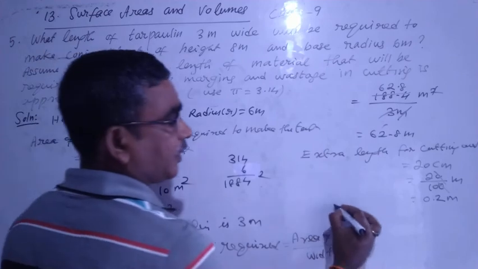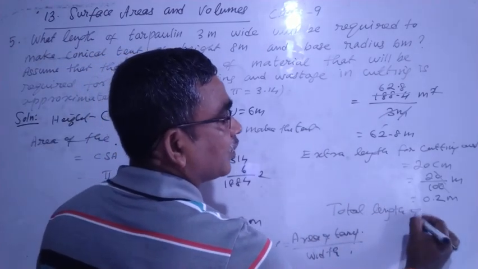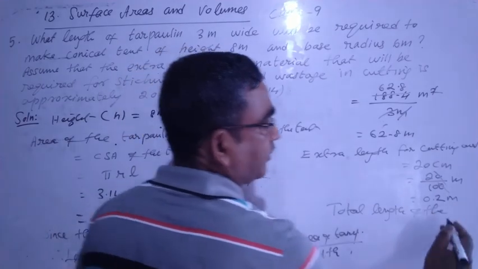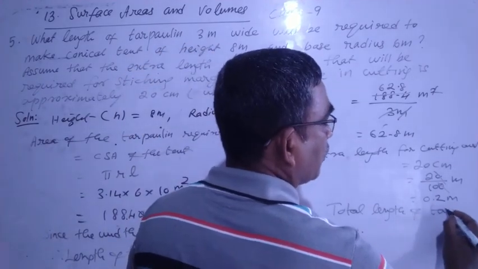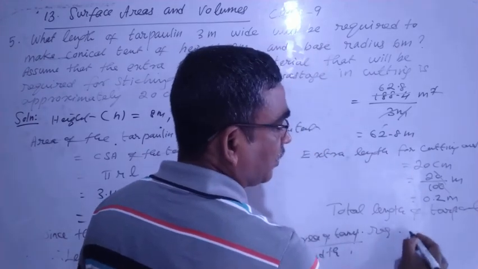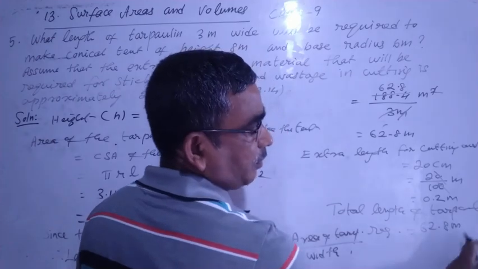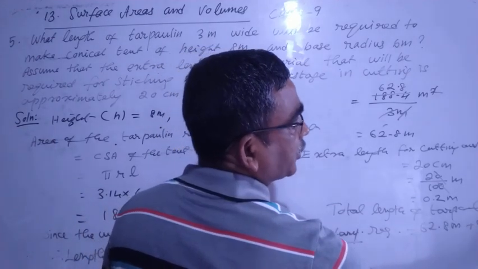Therefore the total length of tarpaulin required. How much is required? First you need 62.8 meter and plus extra 0.2 meter.